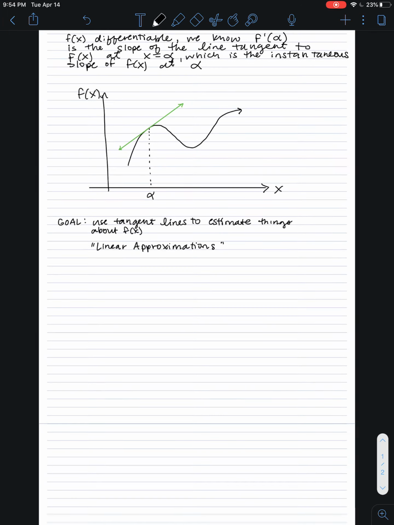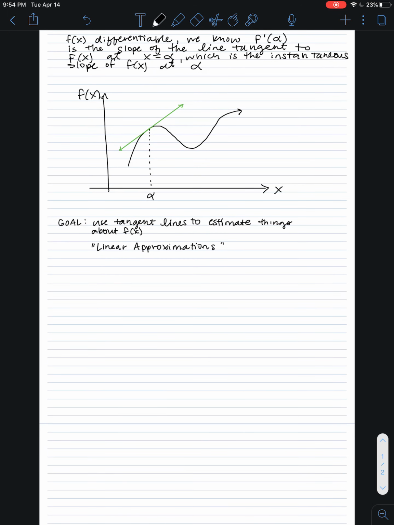Okay? So, basically, what we would need to do is find a general equation for any given tangent line if f of x is differentiable. So for the rest of this section, just assume f of x is differentiable in all of my general statements.